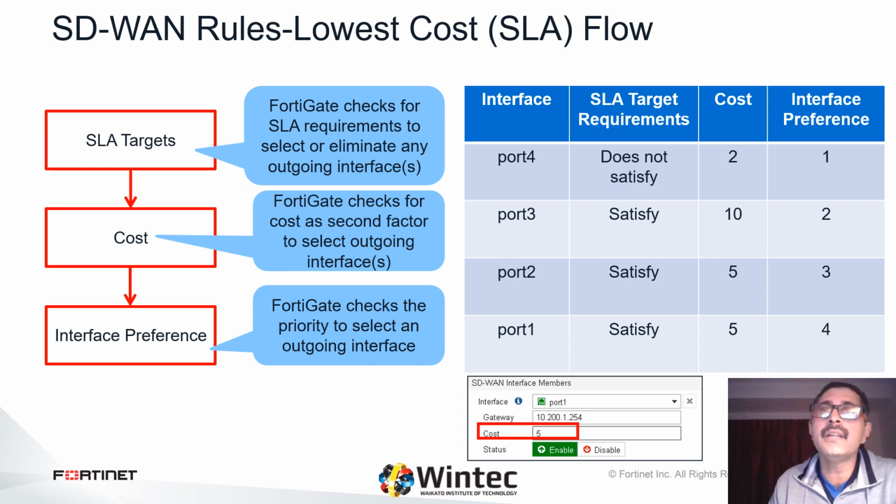FortiGate will eliminate interface 3 from consideration and now will consider interface 1 and 2 for the outgoing interfaces. Lastly, FortiGate will check the priority set for all the interfaces to select an outgoing interface. In this example, shown on the slide here, interface 2 has a higher priority than interface 1. In this case, FortiGate will select interface 2 as the outgoing interface for the traffic matching the rule.